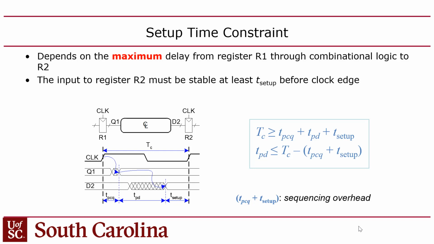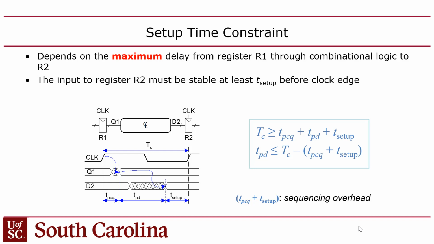You can't change the clock, assuming you've decided on the clock rate you want to target. And you can't change the setup time because that's a technology parameter. So I've moved all three unchangeable terms to one side of the inequality, and that leaves the TPD on the left-hand side. That's something you can control because you can engineer your circuit and change its propagation delay.